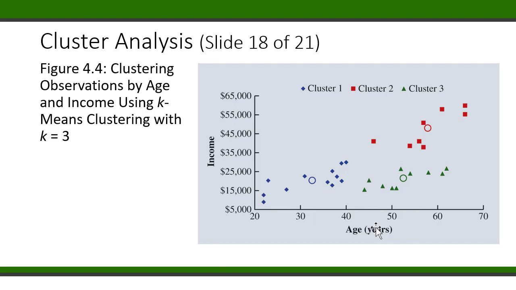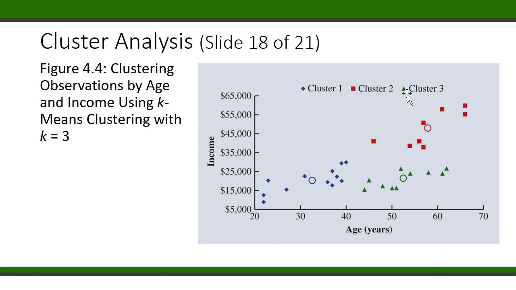So if you look at this based on what we've got here, then cluster 1 is for relatively younger, low income customers. Its centroid is at age around 33 and its income about 20,000. Cluster 2 then is a little older and higher income, and it's about 58, the centroid, and an income of around 47,000.